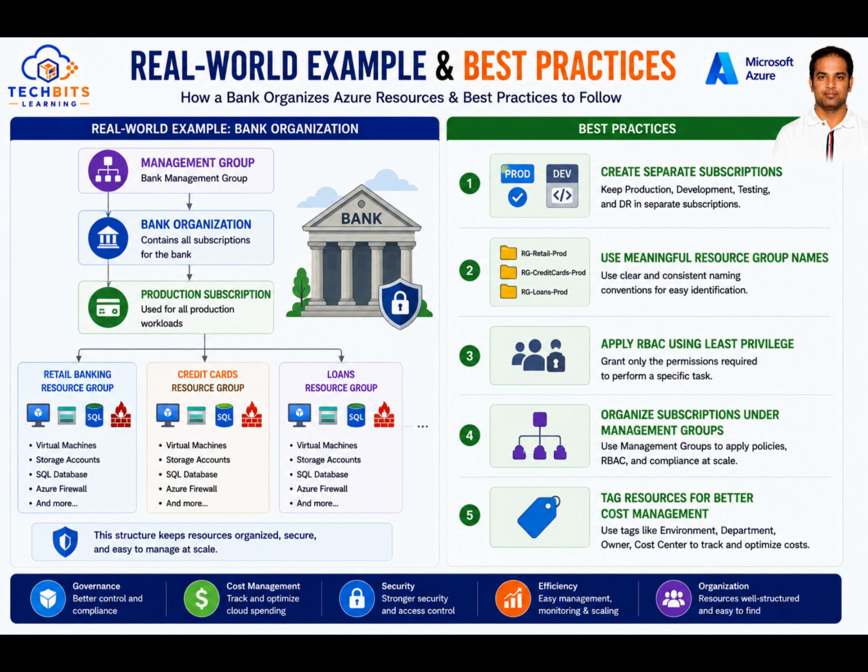The Azure hierarchy could look like this: management group, then comes bank organization, then comes production subscription, and then retail banking resource group that ultimately contains virtual machines, storage, SQL database, and Azure firewall. Another resource group could host credit card applications. This structure keeps resources organized, secure, and easy to manage.